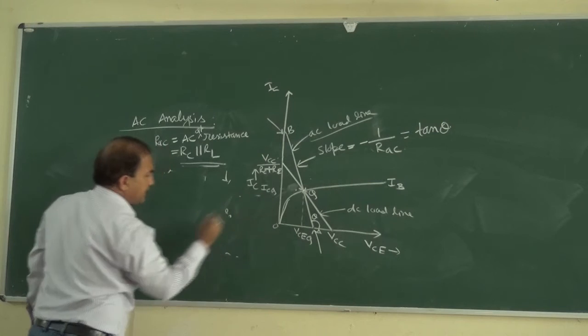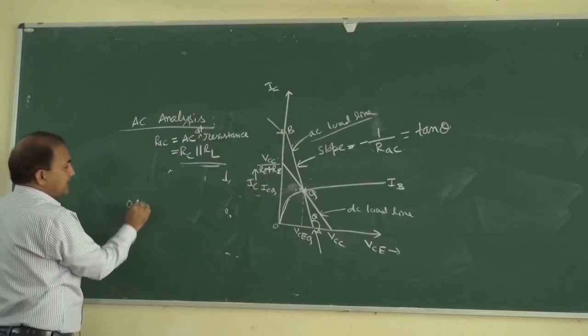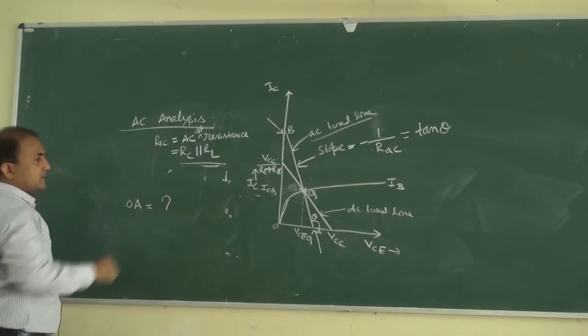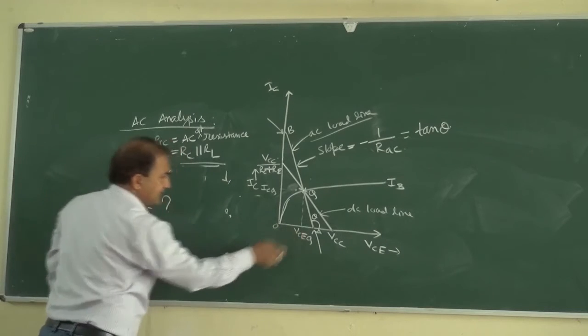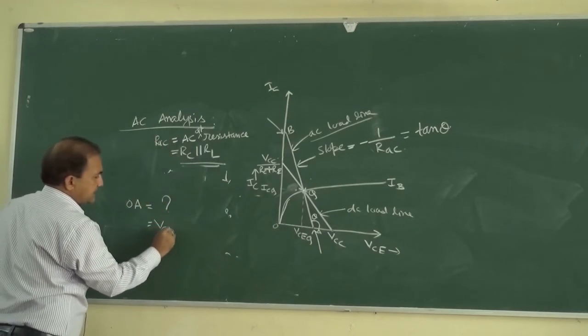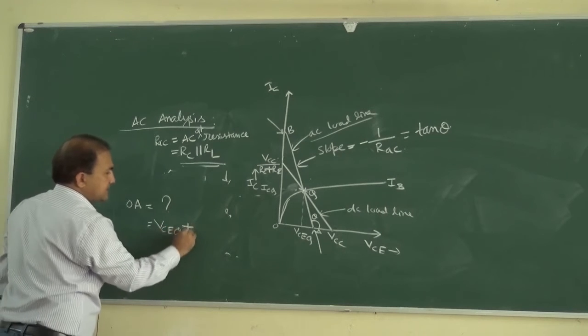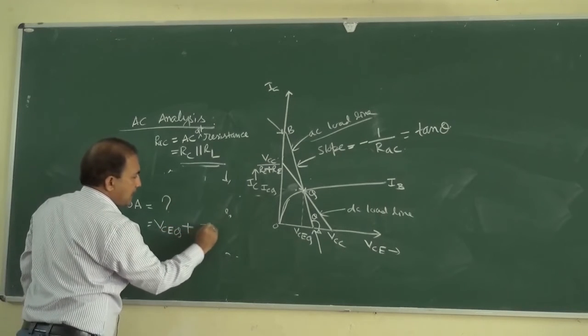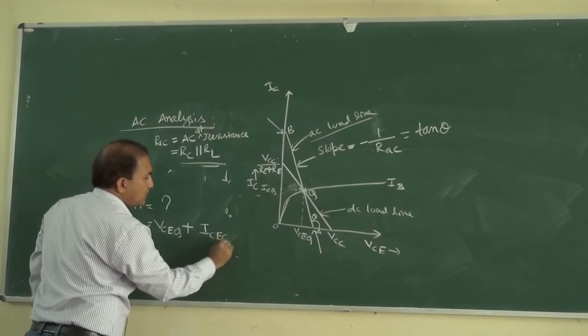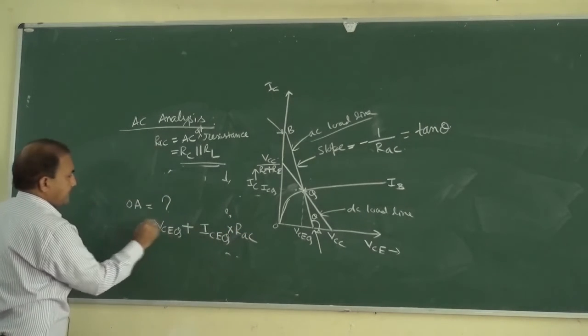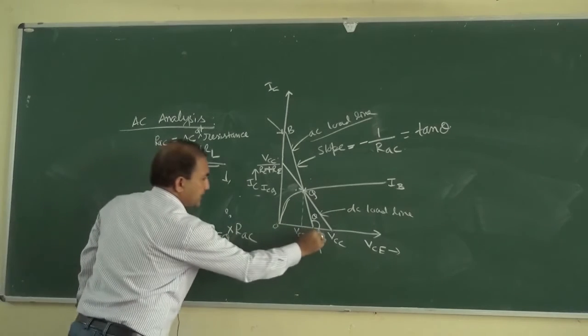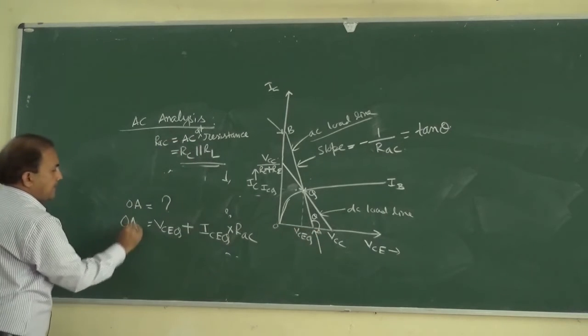Point A, suppose this is OA. OA is equal to this VCEQ plus ICQ into RAC. This is the point OA.